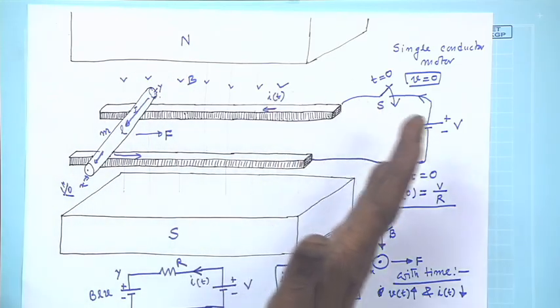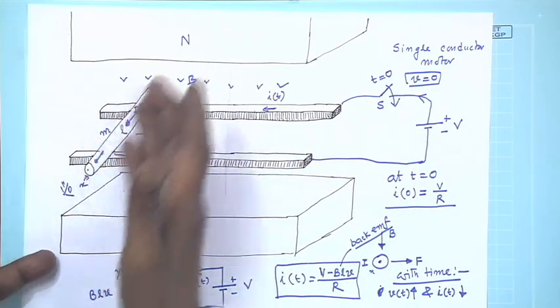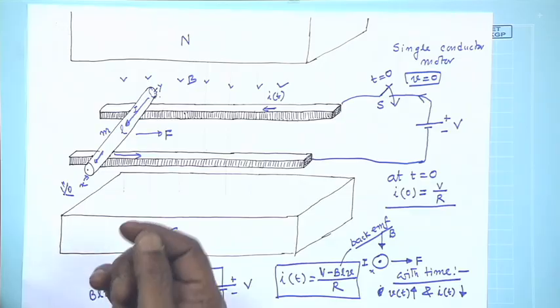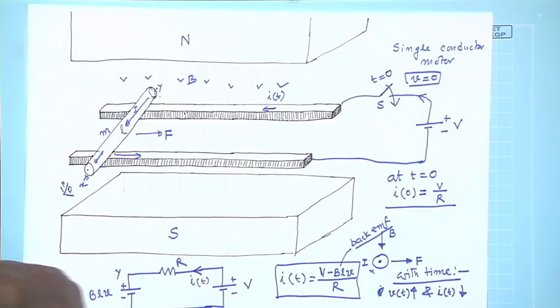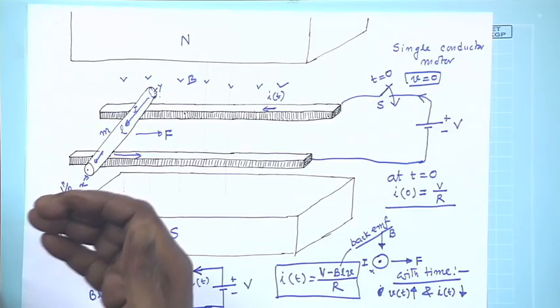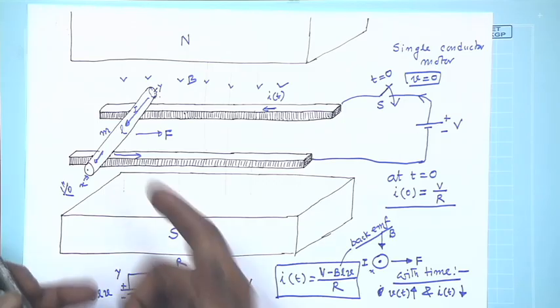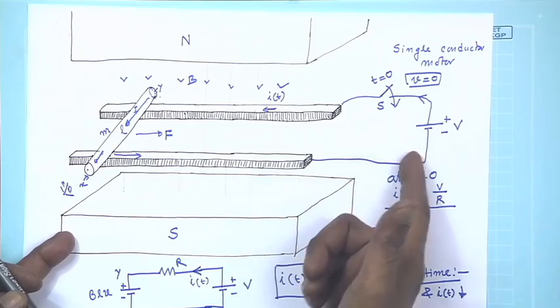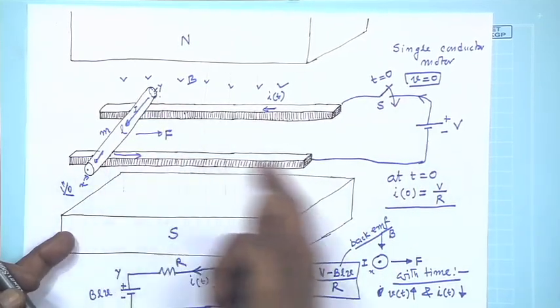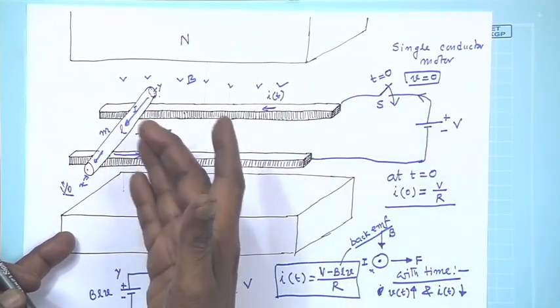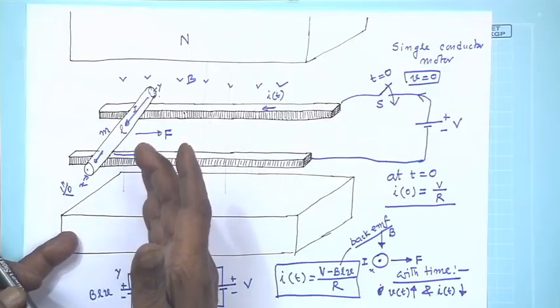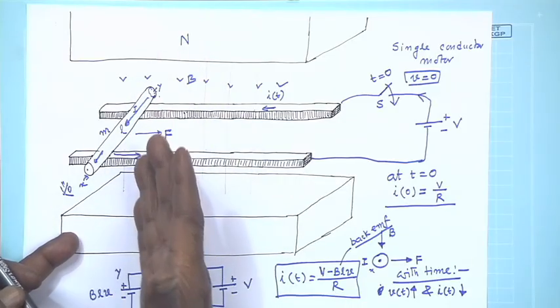Velocity cannot change instantaneously, because this bar has got a mass. So, velocity at t 0 minus, before closing the switch, was 0, and at t equal to 0 plus also velocity has to be 0. Although at t equal to 0, the moment you close, the current in the circuit is V by R, and this force will appear, but the bar is yet to move.